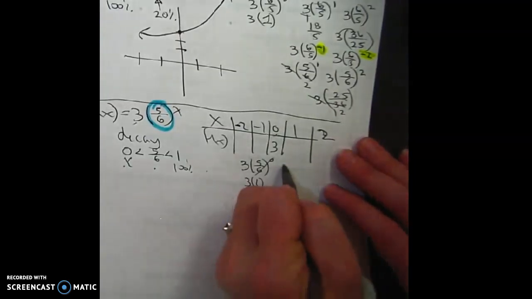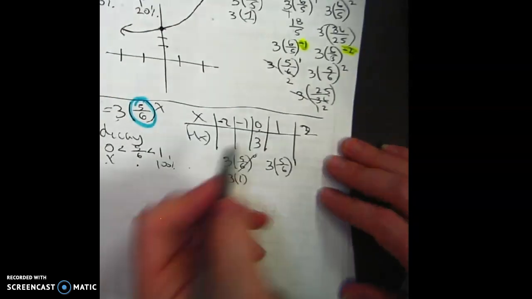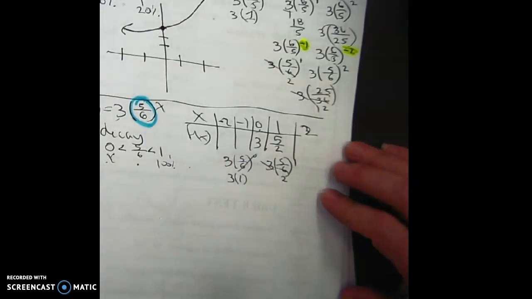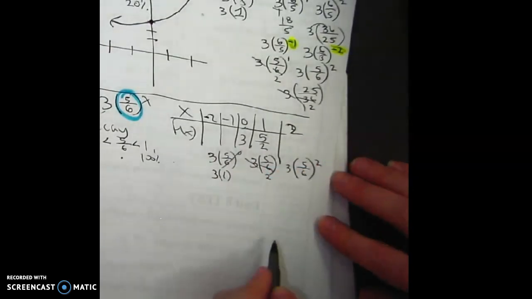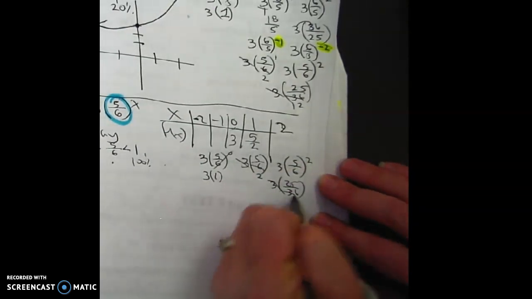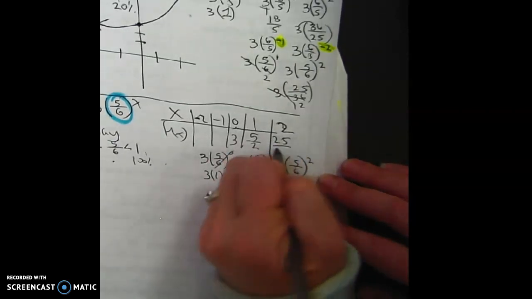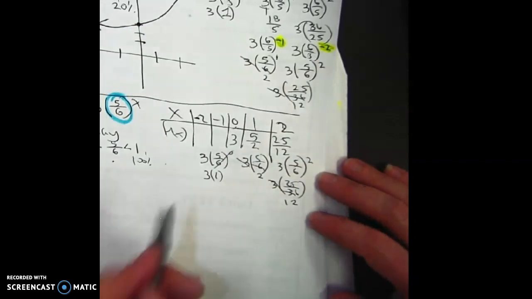And then now I'm going to go 3 times 5/6 to the first power. 5/6 to the first power is itself. Divide by 2, 5 halves. Now I'm going to go 3 times 5/6 squared, very similar to the last one. 25 over 36 times 3, 12, 25 over 12. Okay, some of you go, hey, it's the same as the last one. Don't worry, we'll get there.